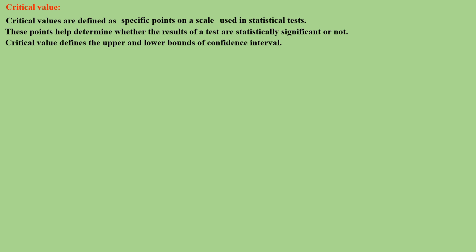The critical value defines the upper and lower bounds of the confidence interval, the lower limit and upper limit. The lower limit is exactly the significant value, and similarly the upper end. Suppose you have a confidence interval, for example in the previous case 87 to 97: 87 is the lower bound and 97 is the upper bound. That is called the critical value.